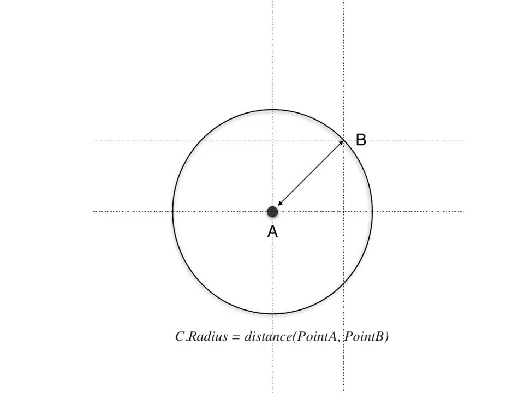Consider the following hypothetical function of the radius of the circle on the screen. C radius equals distance(point A, point B). The above expression specifies that the radius of a circle is not a constant number but is derived from the distance between two points, and in such a case we can call the variable C a dependent variable that depends on other values.